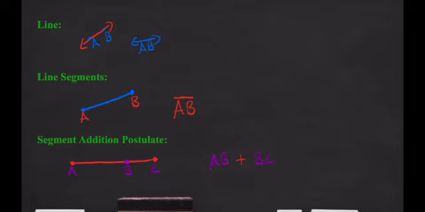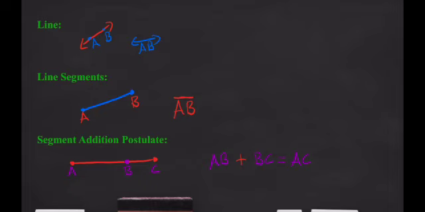So if we put an addition, don't put the line over top. We can add these 2 segments together and end up with the total segment AC. So we can have AB plus BC equals the total length of the total segment.